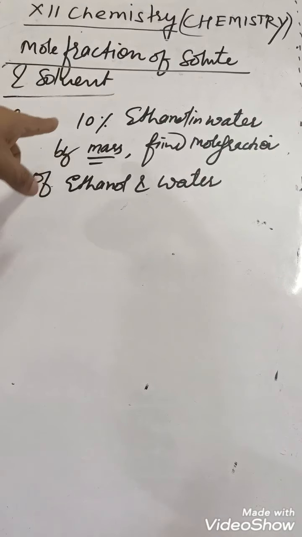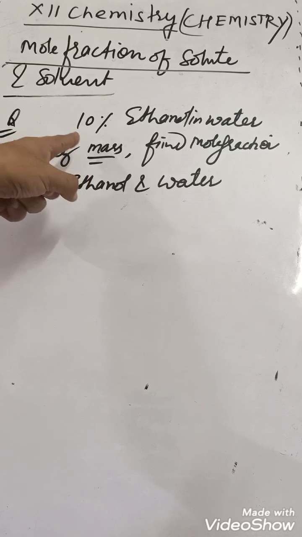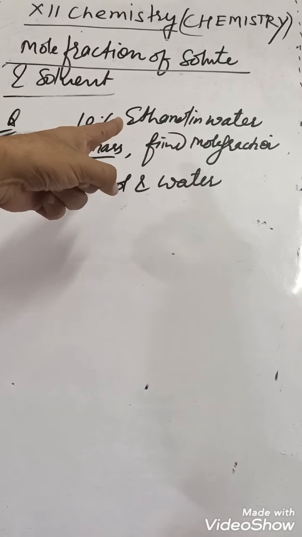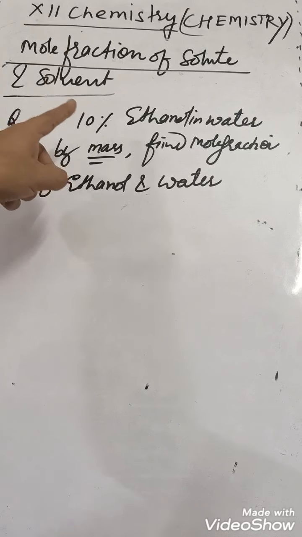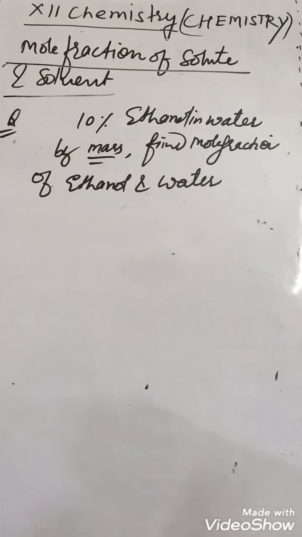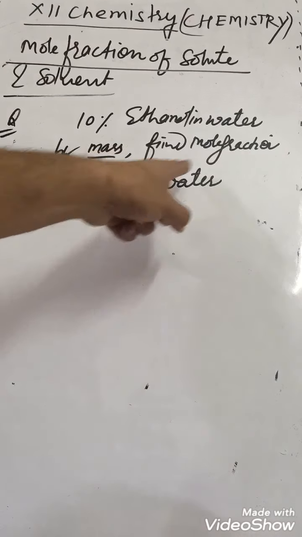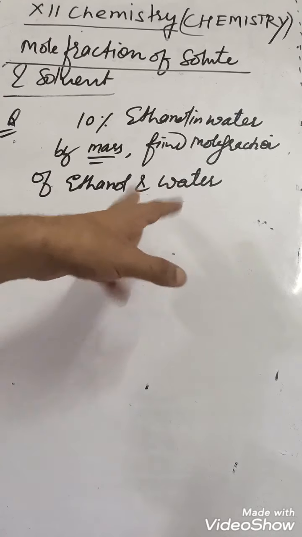Now let us take one numerical here, students. 10% ethanol, C2H5OH, is dissolved in water, suppose, by mass. We have an aqueous solution of ethanol, 10% by mass. Then find the mole fraction of ethanol in water.